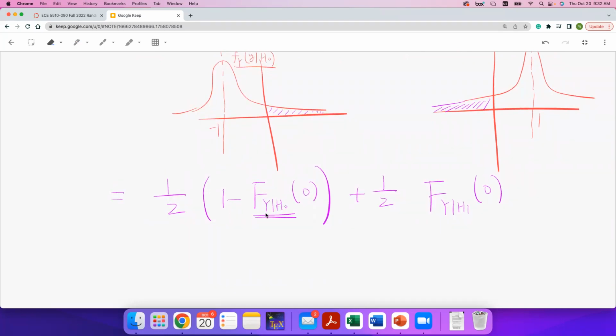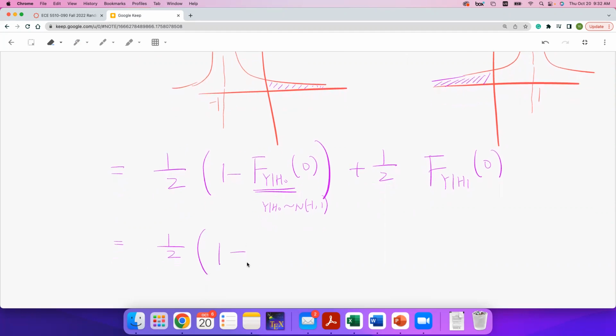Okay, and we know that this random variable follows a Gaussian with mean -1 and variance 1. Okay, so we can normalize it. We can use the CDF of the standard Gaussian to represent everything. So this CDF at 0 is equivalent to phi, using the normalization formula that we introduced last time.